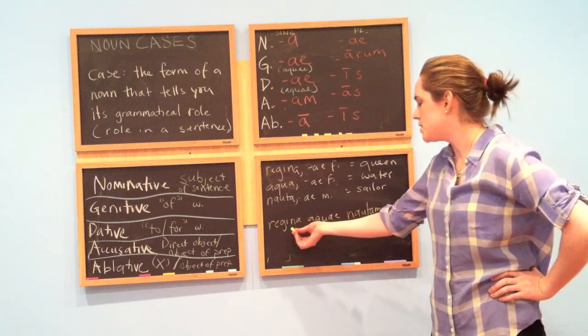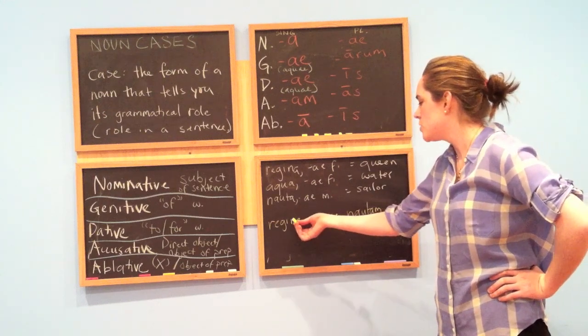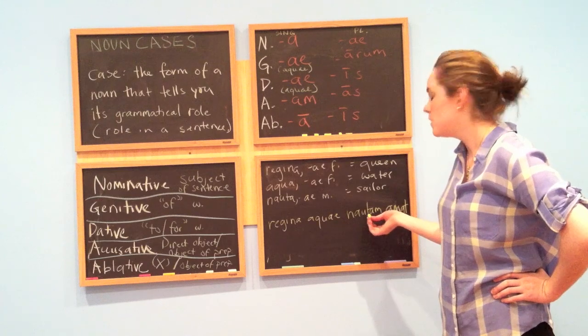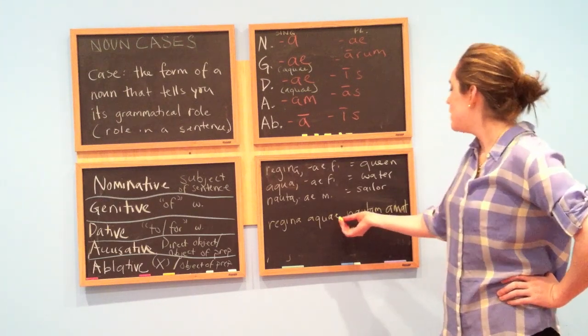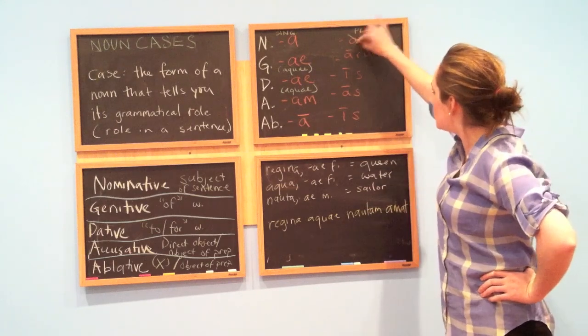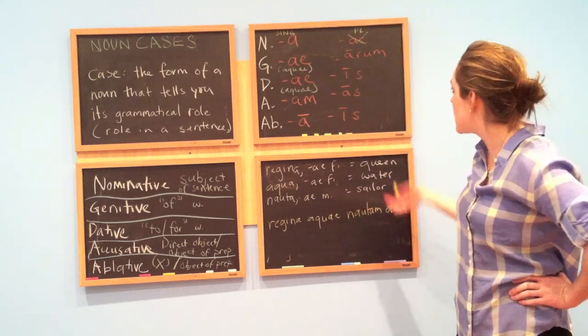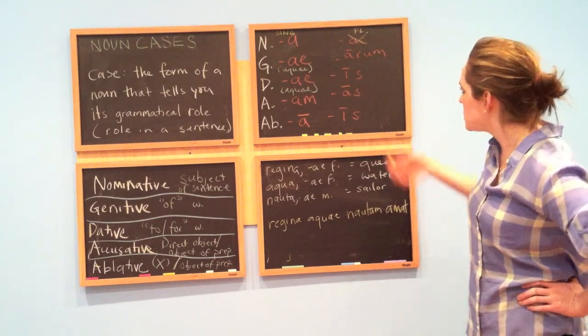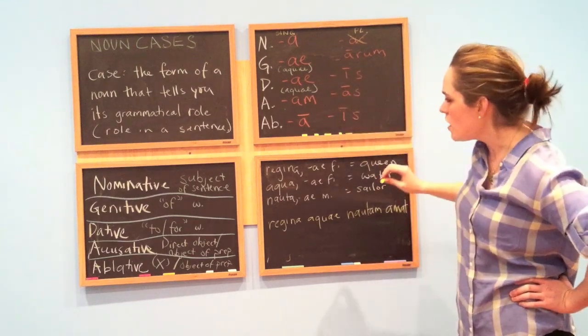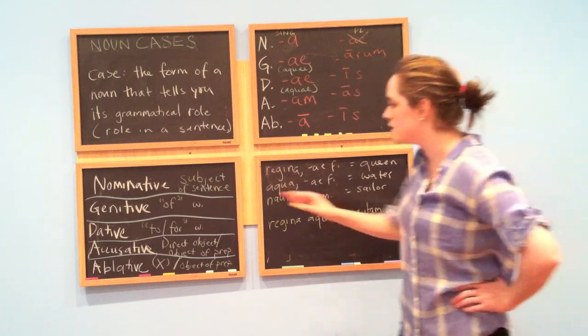Well, you know this is nominative, so you have a subject. So the queen loves the sailor, because you know this is accusative. Aquae, therefore, cannot be this, right? Because we already have a subject. You can't have another nominative. So it has to be genitive or dative. And our translation formula for the genitive is of.